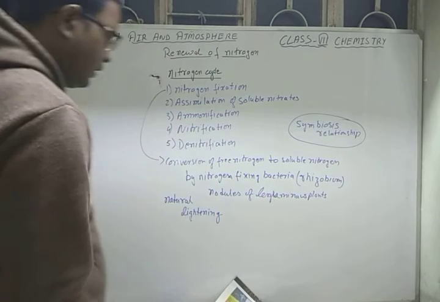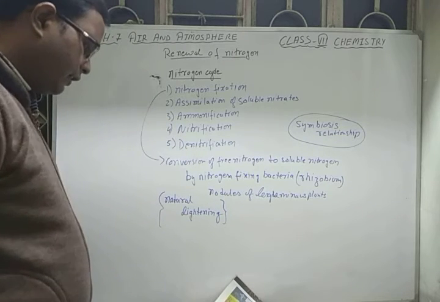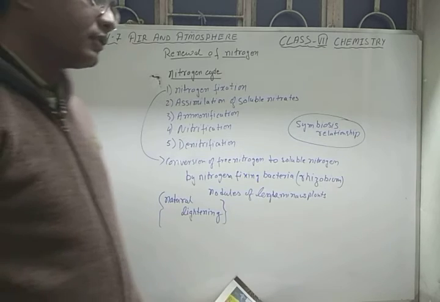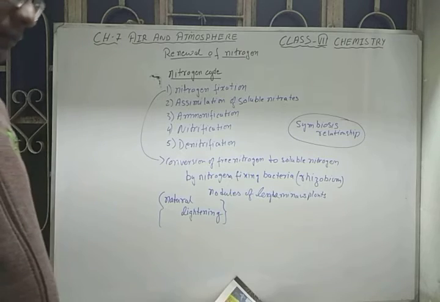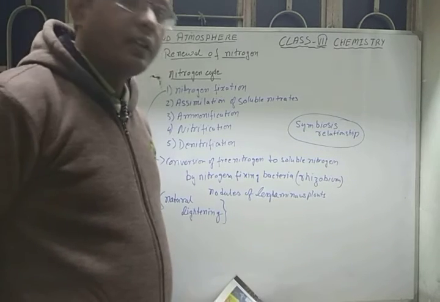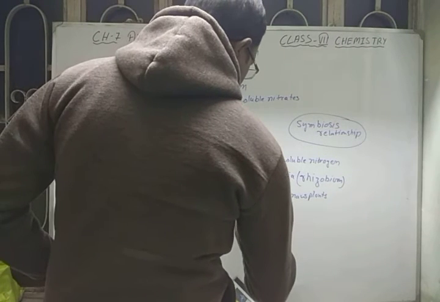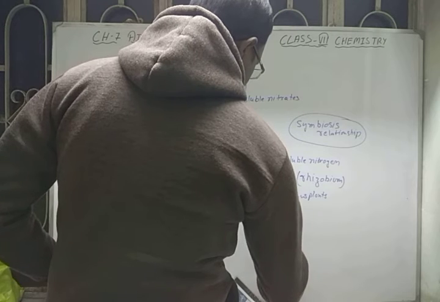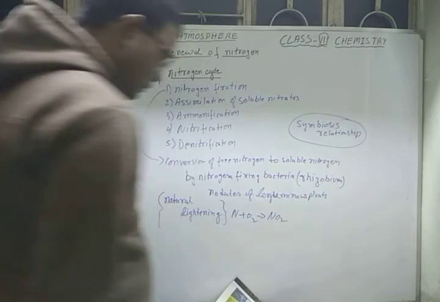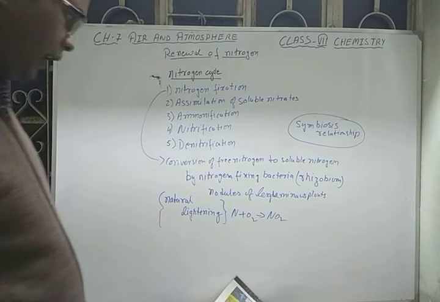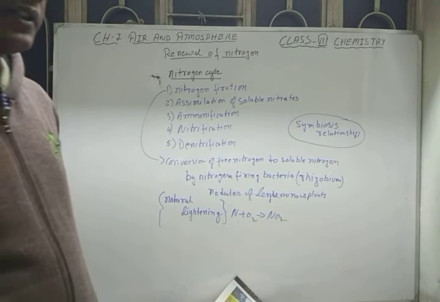So when there is thunder and natural lightning, what happens? During the lightning process, atmospheric nitrogen and oxygen react together to form nitrogen dioxide: N2 plus O2 gives NO2, nitrogen dioxide. Again, this nitrogen dioxide further reacts with water or water vapor present in the atmosphere.